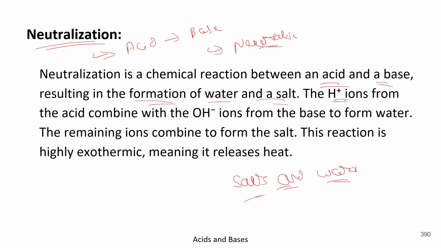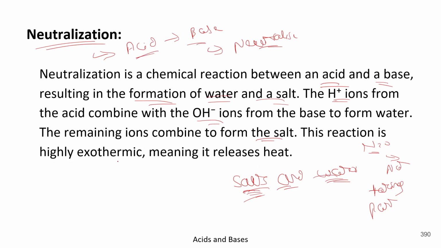H plus ions found in the acid combine with OH minus ions from the base to form water. The remaining ions, which do not take part in the water formation, form the salt. That's how salt and water form from acid and base.